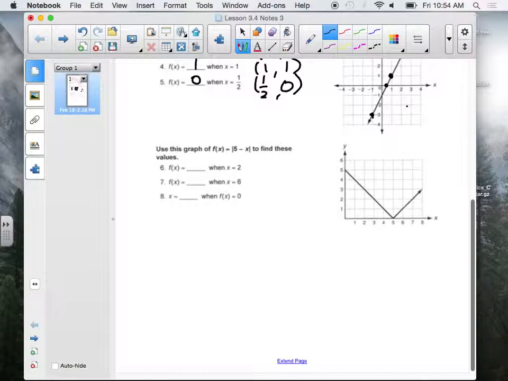At 2, 3. So put a point there. And then when you plug that in your equation, what does that come out to be? 3. Yep, the absolute value of 3 equals 3. Good job.